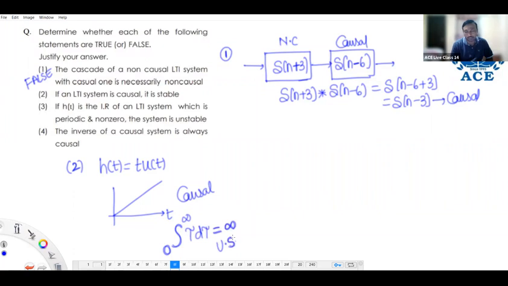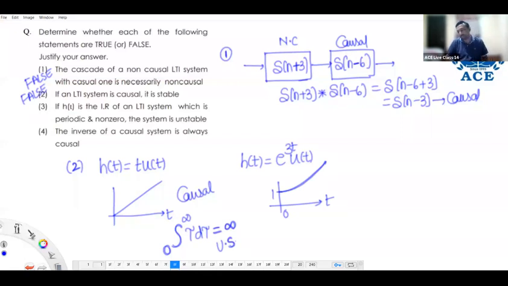Causality is not guaranteeing stability. Not only that, you take a growing exponential. It is also causal, but unstable, unbounded. False. Causality never guarantees stability.